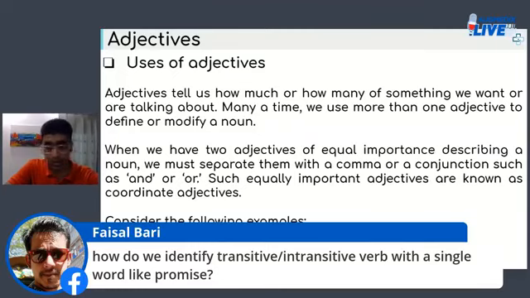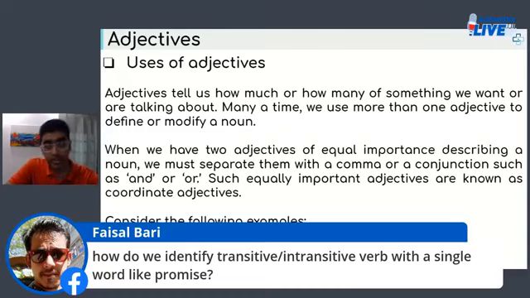Okay, you need to correct me if I'm wrong. So you're basically asking whether the verb promise is a transitive or an intransitive verb, right? Well, promise is a transitive verb. Now promise can be a verb, promise can also be a noun.